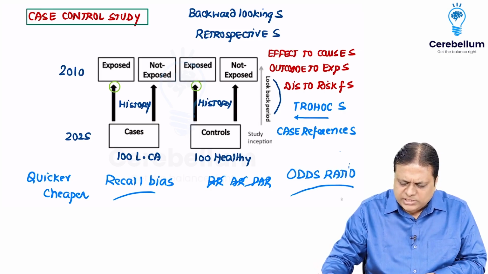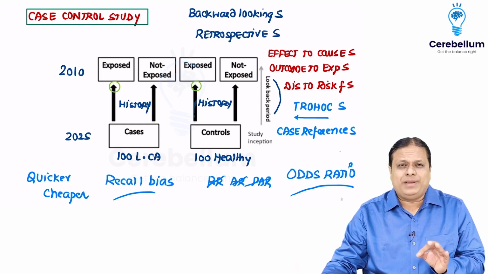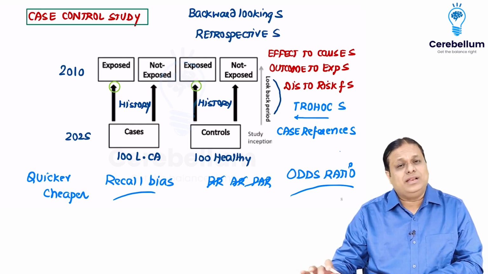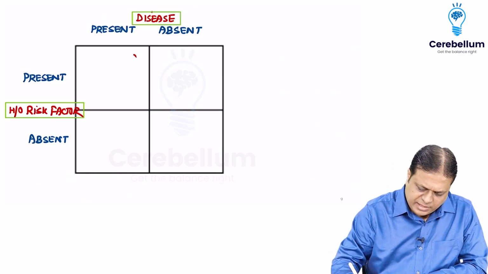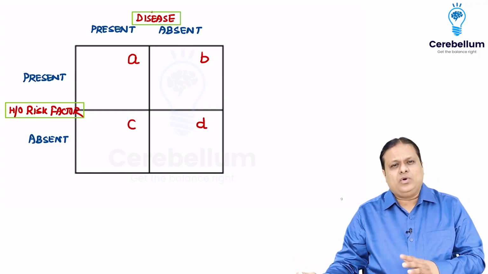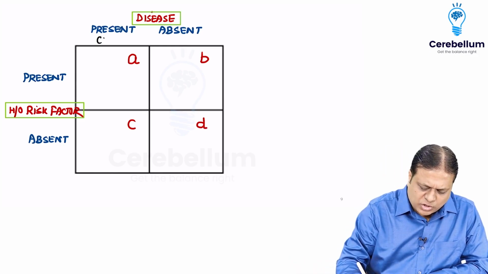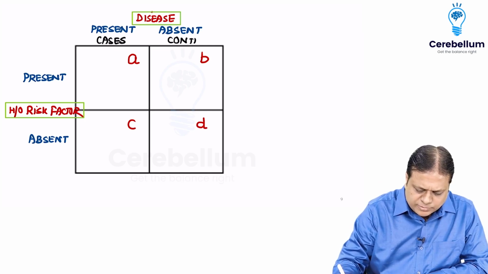So, how do we calculate this odds ratio? We need to get a 2x2 table depicting history of the risk factor and the disease on the same table. Let's look at that. And in this table, this is your A, this is your B, C and D. Now, if you look, disease is present in A and C, so we can say first column is cases and B and D don't have the disease. So, second column is controls.